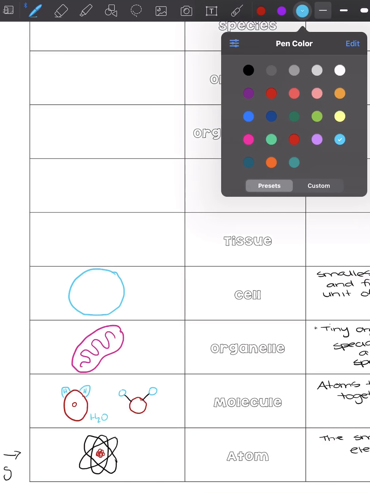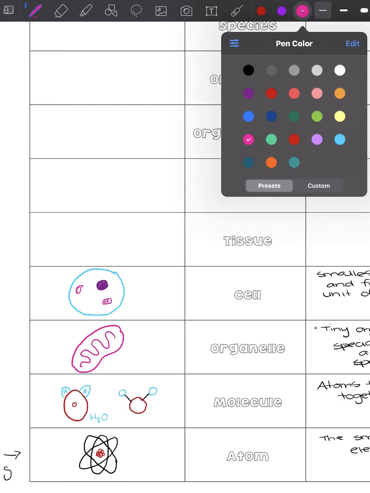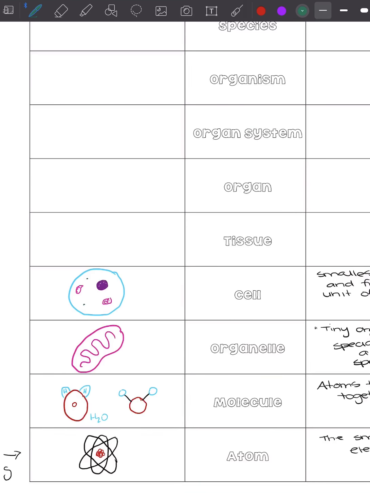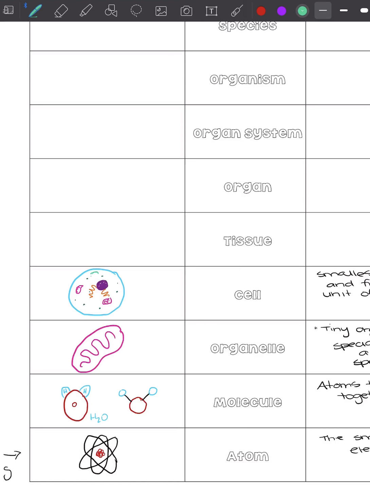I'm going to give it a little nucleus. We'll draw in some mitochondria. Little lysosomes maybe, or I guess those could be ribosomes because they're tiny little dots. Let's put in an endoplasmic reticulum and a Golgi body. There we go. Look at us go.